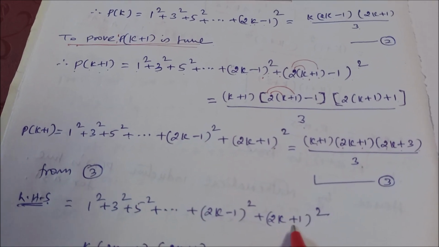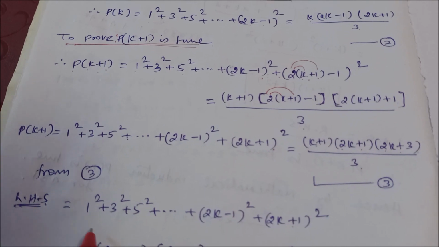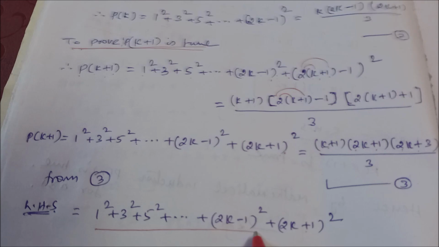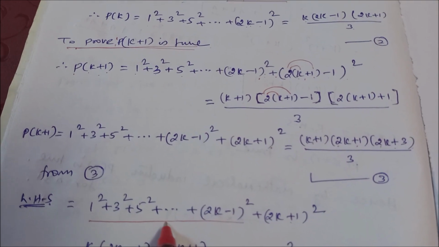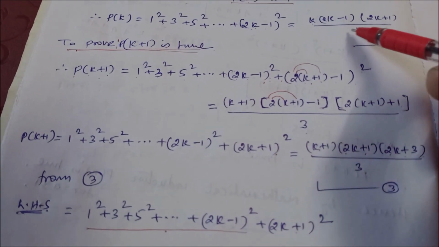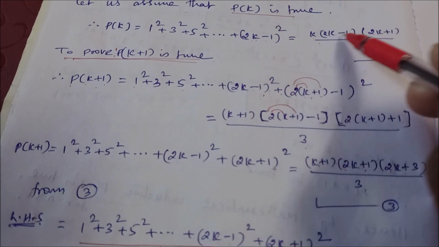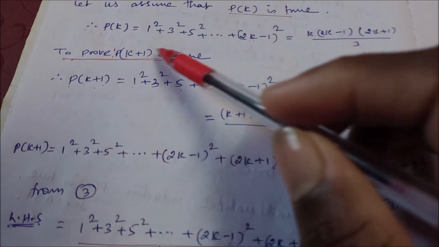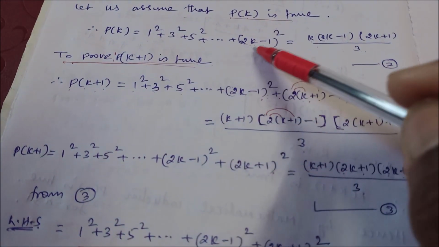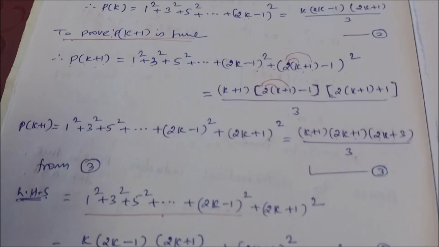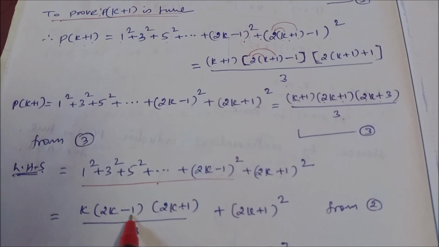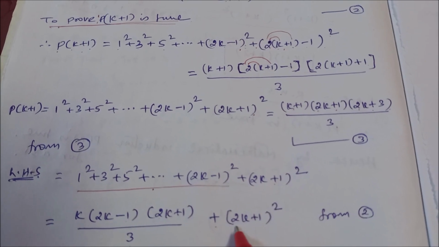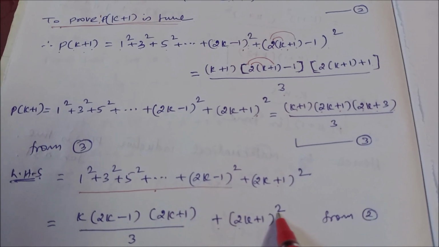For the kth term, 1 square, 3 square, 5 square, up to 2k minus 1 whole square, we replace it by k into 2k minus 1, 2k plus 1 by 3, plus the k plus 1th term, 2k plus 1 whole square.